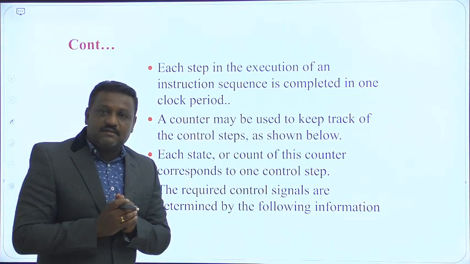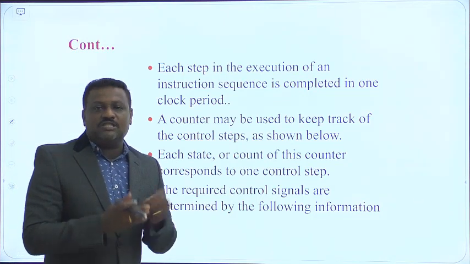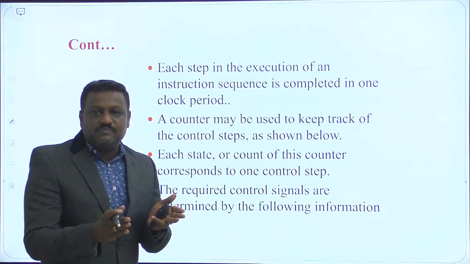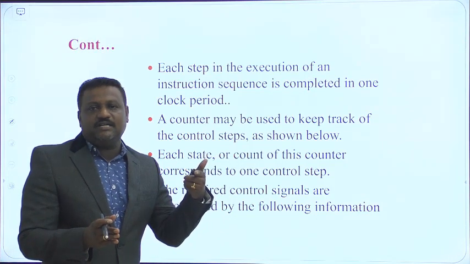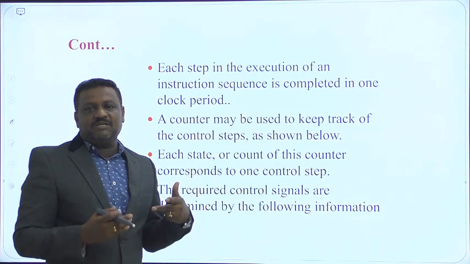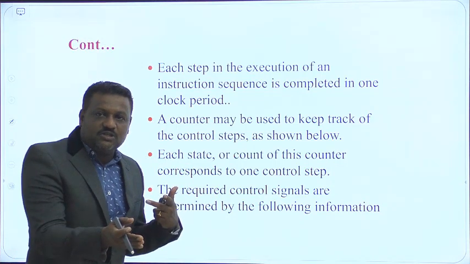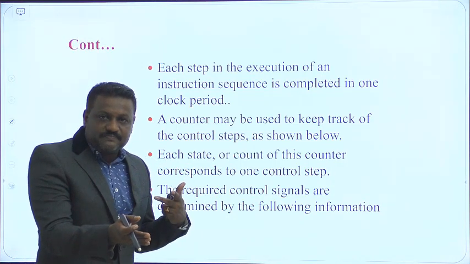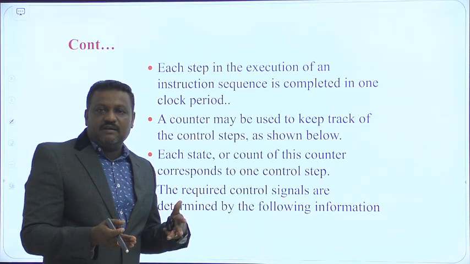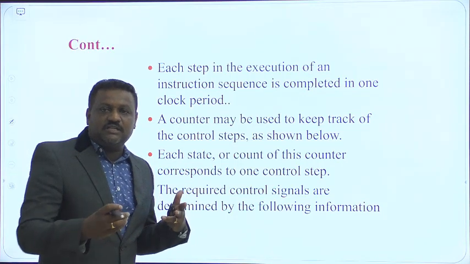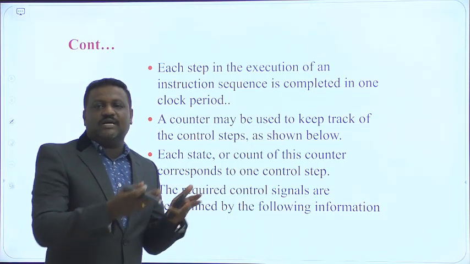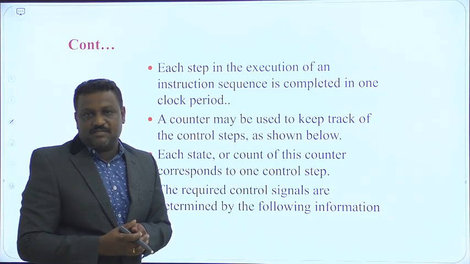In that case, my control unit must generate a control signal for both registers R1 and R2. This happens at time instant T1. At the second time instant, my control unit sends a control signal to the ALU to do addition. At the third time instant, my control unit generates a control signal given to register R3 to take the data available on the internal bus.